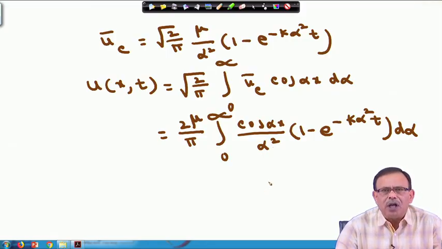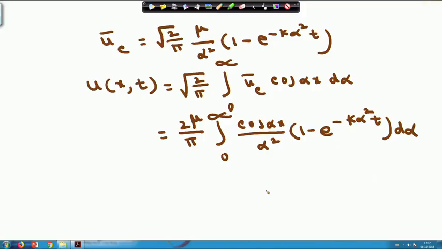So, please note that for finding the solution of a second order PDE using the Fourier cosine transform or Fourier sine or Fourier transform, we have 3 steps. First step is to take the Fourier cosine transform with respect to x. Once I am taking the Fourier cosine transform, your given second order PDE will be converted to a first order ODE. Find the solution of the first order ODE using the normal techniques.